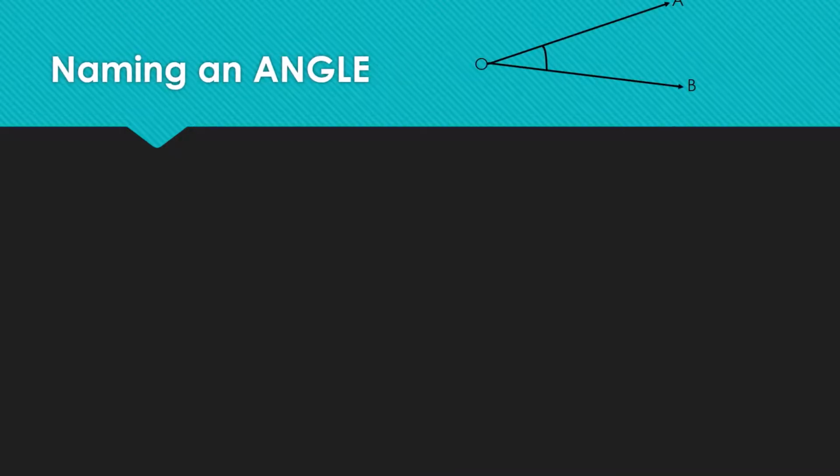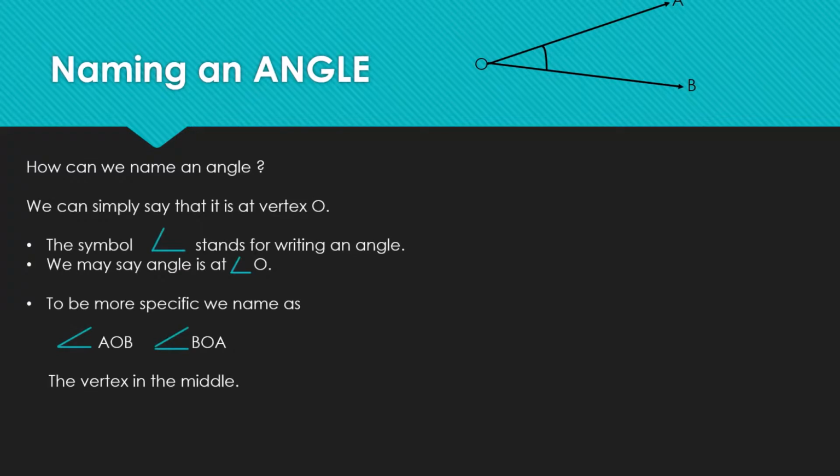Now, how do we name an angle? We can simply say that the angle is at vertex O. As you can see in this figure, A, O, and B, O is the vertex and OA, OB are the rays, and they form an angle.